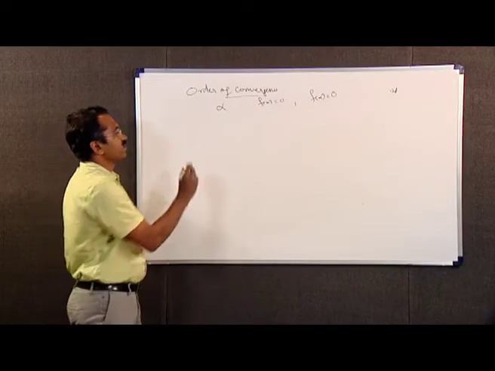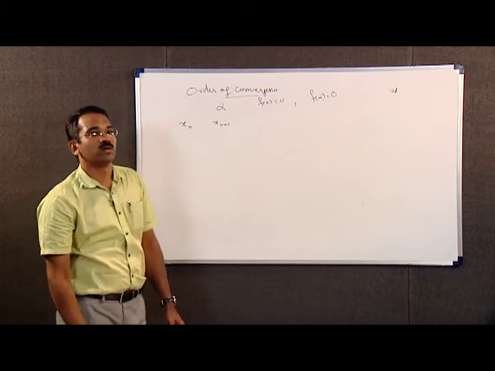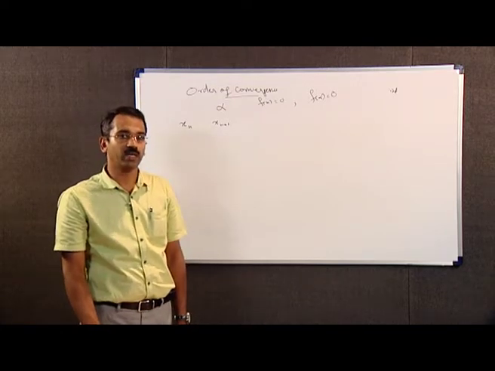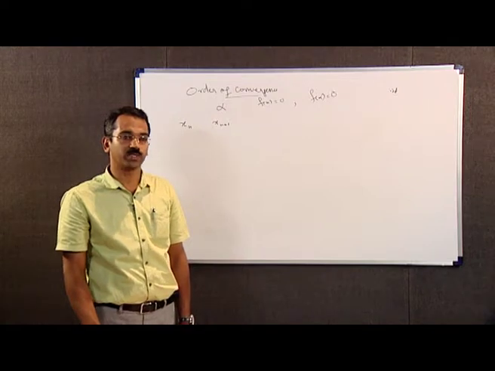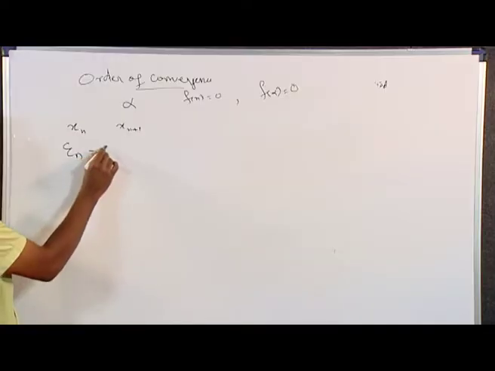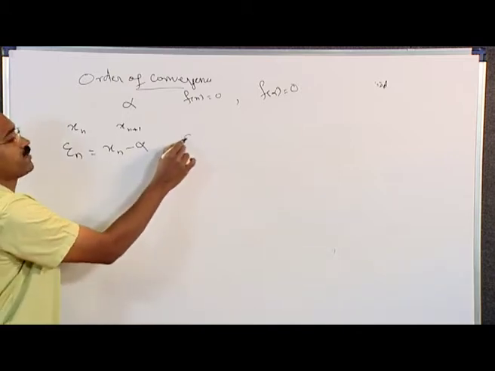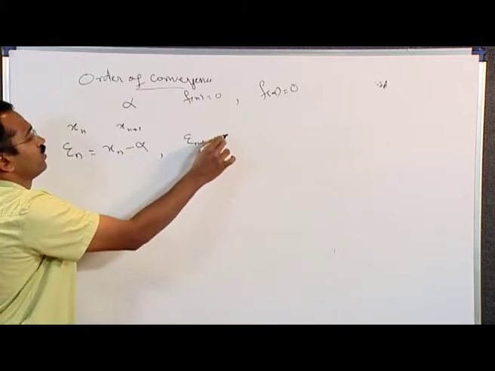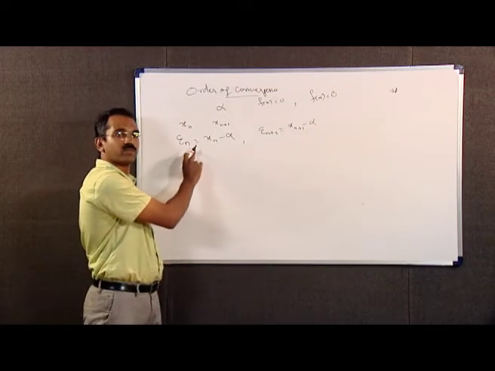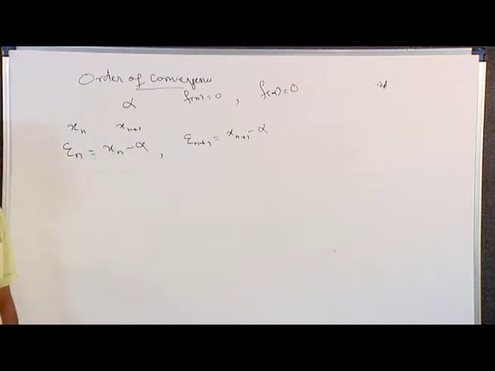Let x n and x n plus 1 be the approximate values of the exact root after n and n plus 1 iterations respectively, and let epsilon n is equal to x n minus alpha and epsilon n plus 1 is equal to x n plus 1 minus alpha. That is the error, the difference between the approximate value and the actual value.